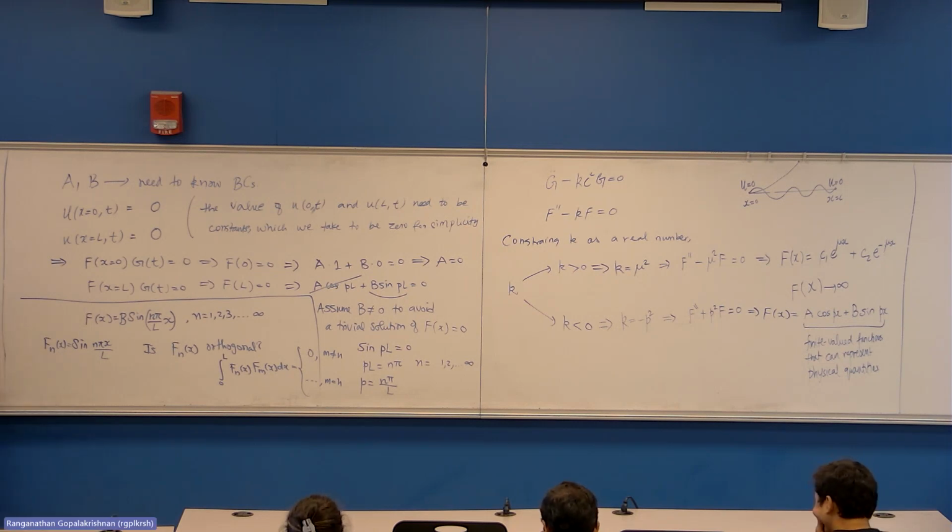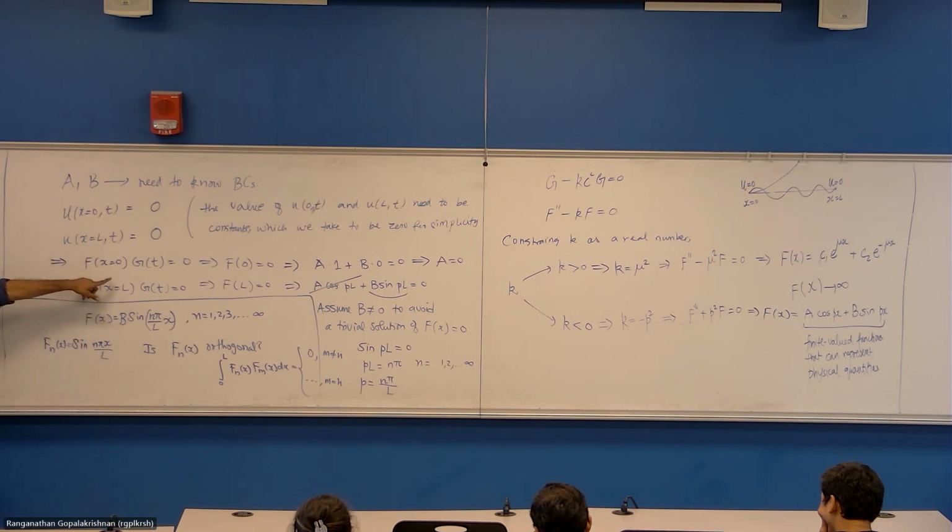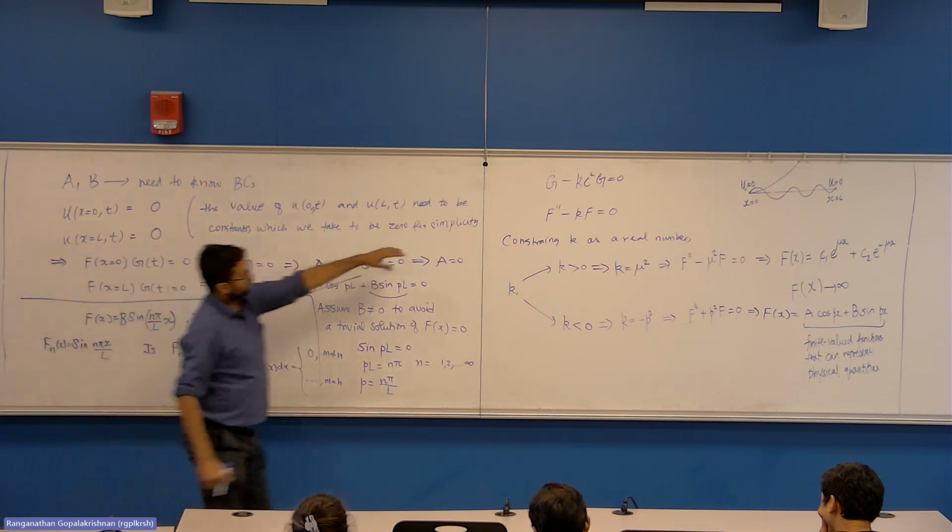So what if a function is orthogonal? What does it qualify it for? Okay, basis. It could serve as a basis function when you say sine n pi x over L and n can take integer values. That means this has many solutions, all of which can be solutions to the original ODE, which is this one.